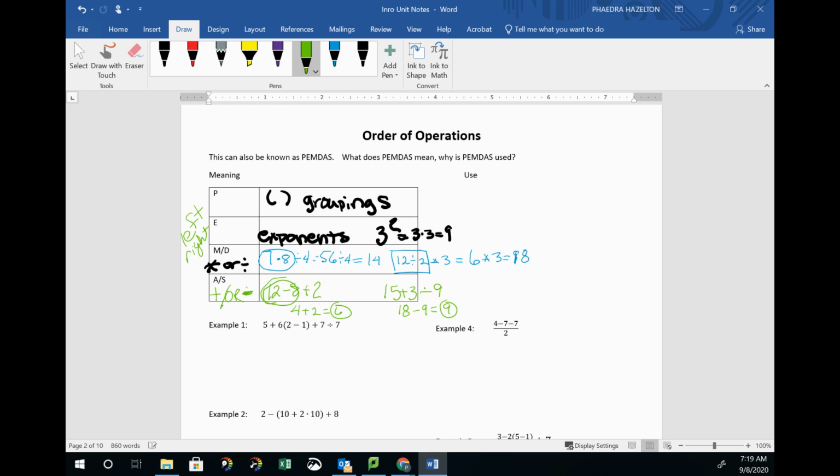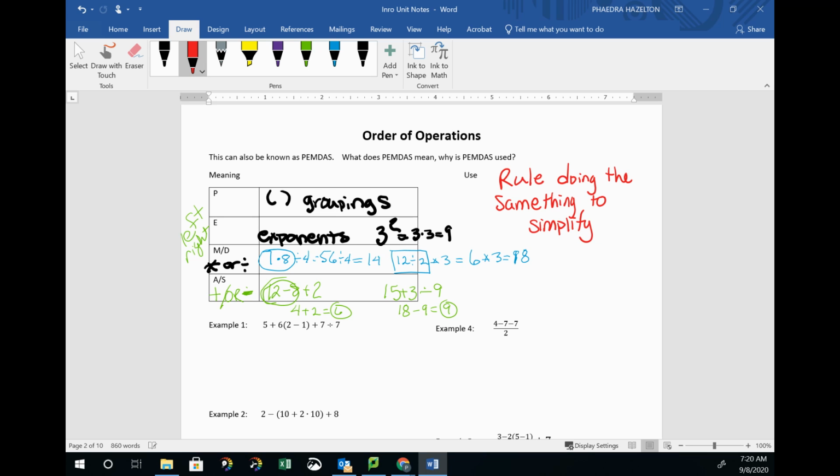Now the use of it: we need a rule. That rule needs to make sure that we are all doing the same thing to simplify the problem.